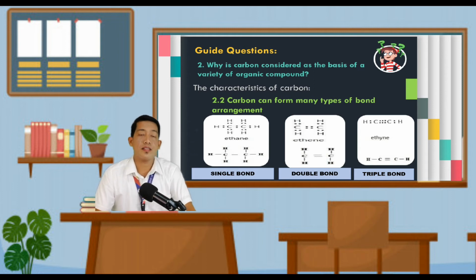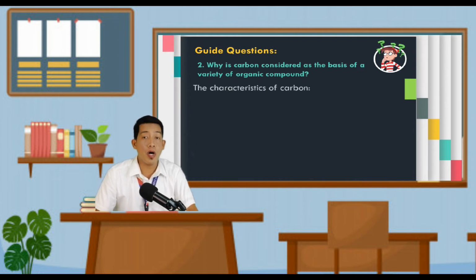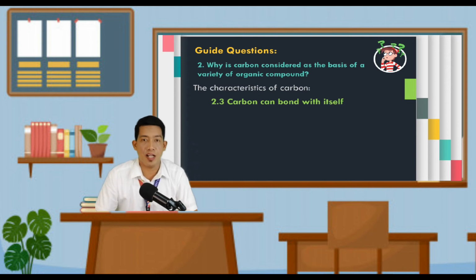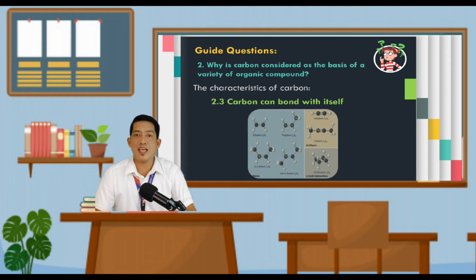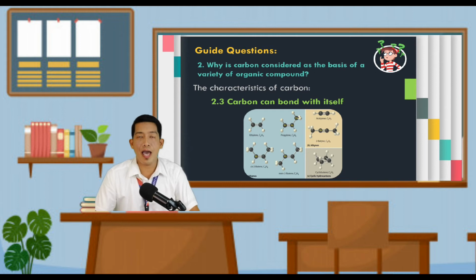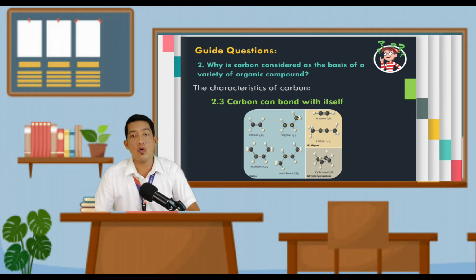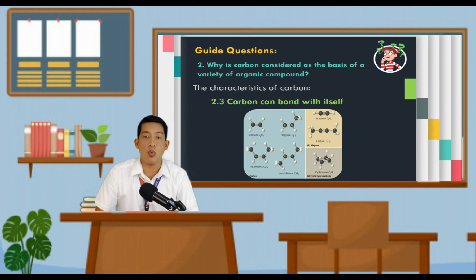And last, carbon can bond with itself. Each carbon is identical. They all have 4 valence electrons, so they can easily bond with other carbon atoms to form a long chain or rings. In fact, a carbon atom can bond with another carbon atom 2 or 3 times to make double and triple covalent bonds between 2 carbon atoms.